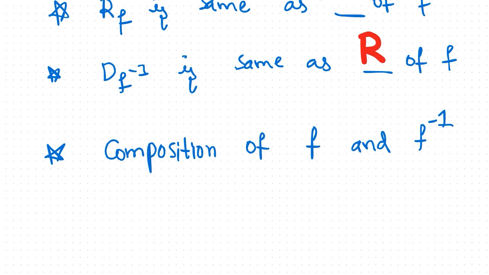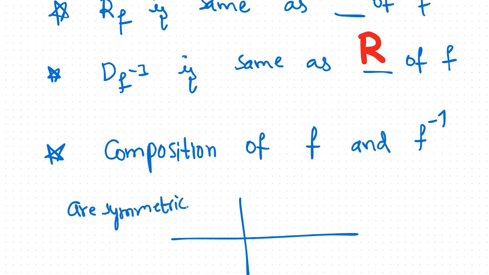It's always equal to just x. So basically f and f inverse are symmetric about the line y equal to x.